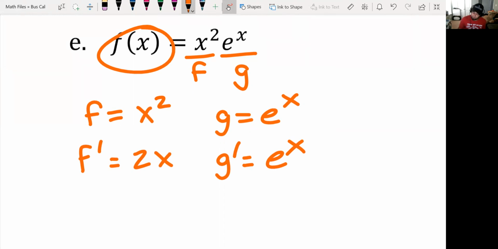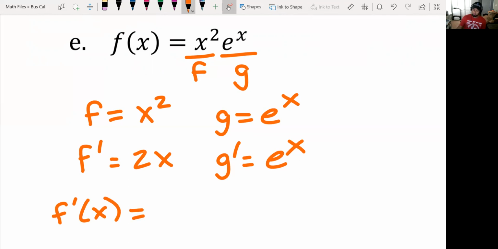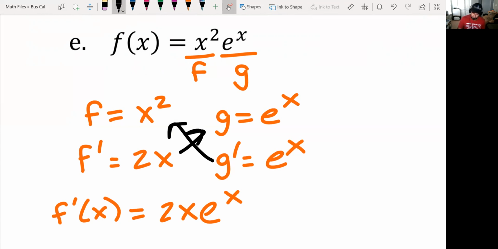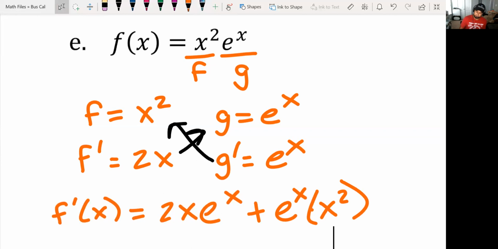Taking the derivative of f of x, so start with that. F prime of x, and follow your product rule. F prime g, 2x e to the x, and g prime f, e to the x times, I'll put in parentheses, x squared.